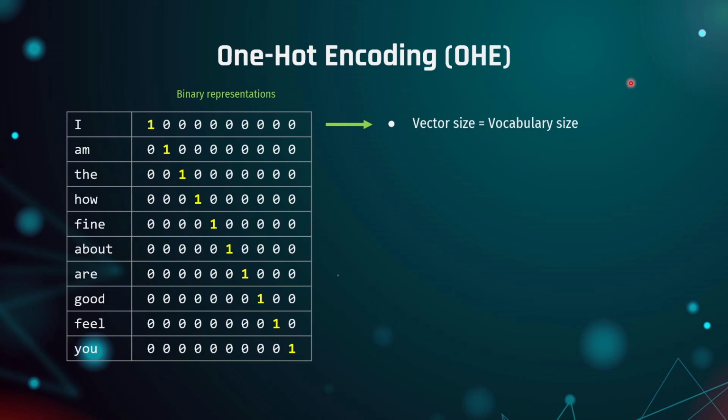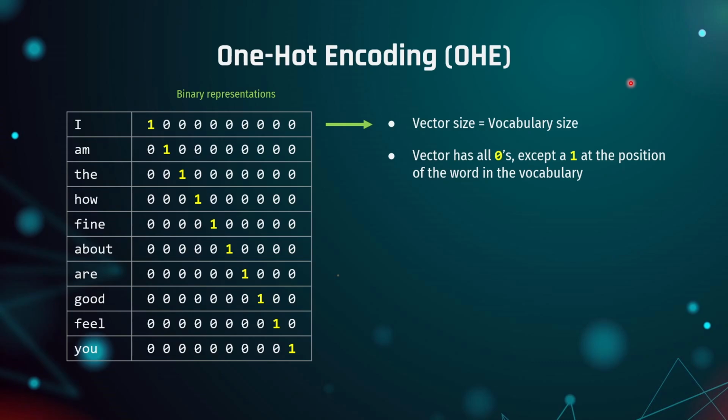The vector size is basically equal to the vocabulary size. Since our vocabulary has 10 words, the binary vector we have used to represent each word is also of length 10, okay?